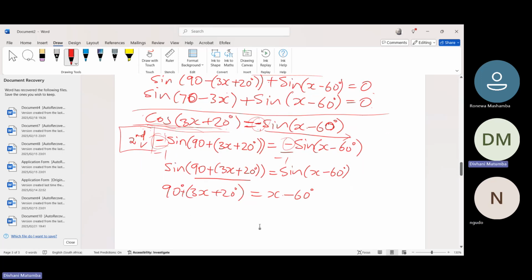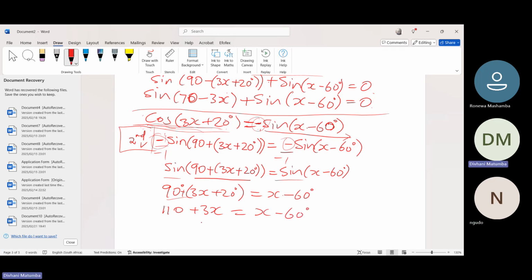You think so? Why? Because it's sine on both sides. Yes. Okay, so we have 90 degrees plus 20, which is 110, plus 3x is equal to x minus 60 degrees.